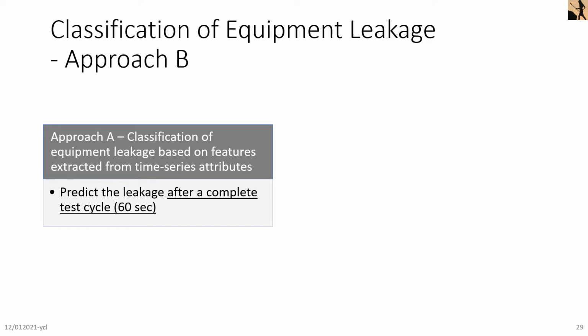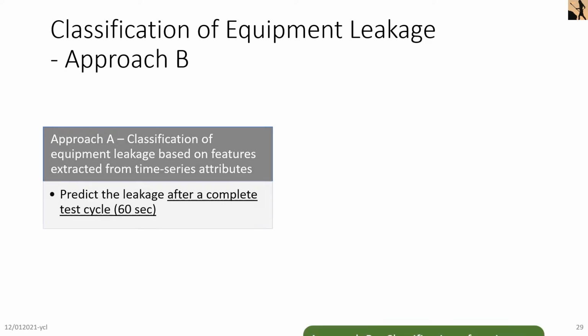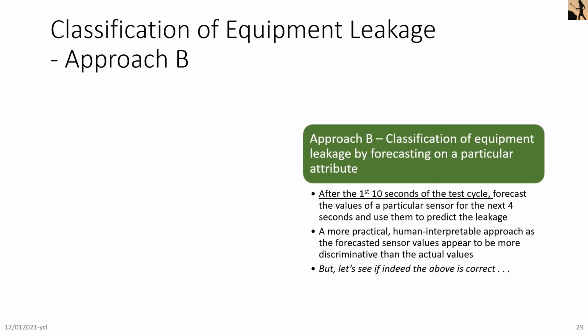So now we're done with approach A. Let's move to the second part, approach B. Right. Here, as mentioned earlier, we would like to see if we can simply use the first 10 seconds of records to predict the next 4 seconds of what we call salient attributes, right? Then use these forecasted values of the salient features to do the classification.